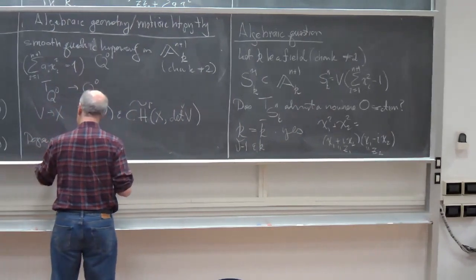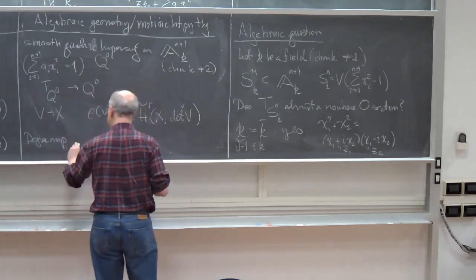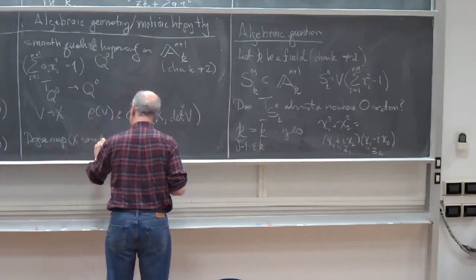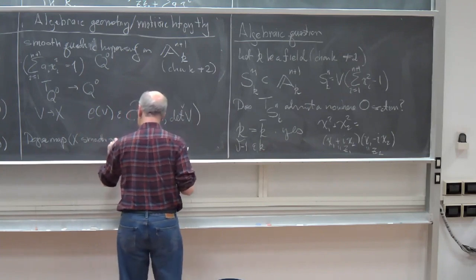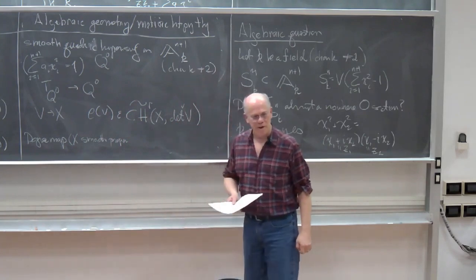Here, X is now smooth, proper, projective, the algebraic version of compact.